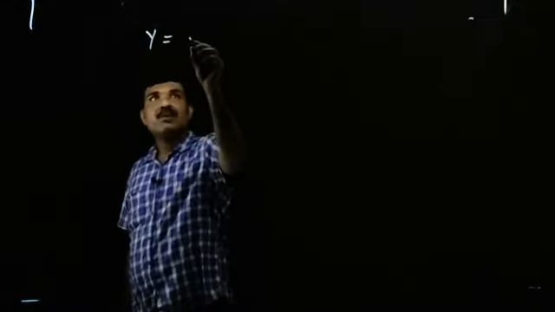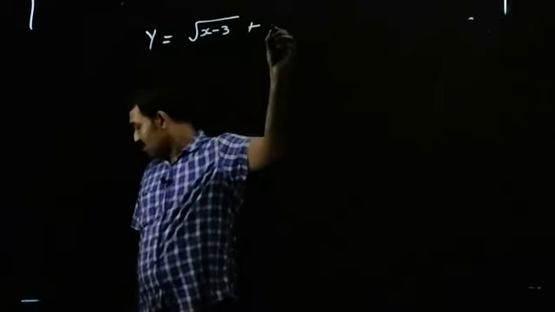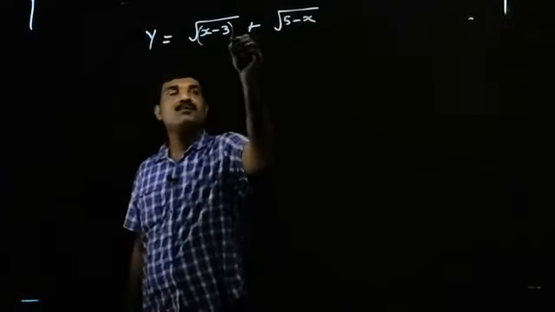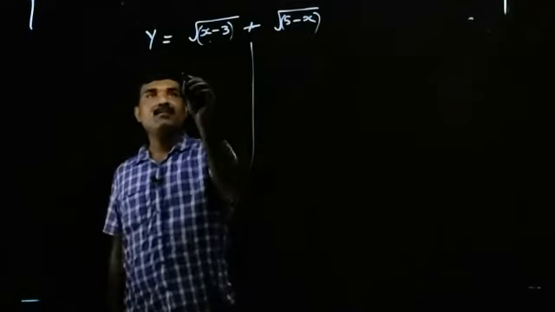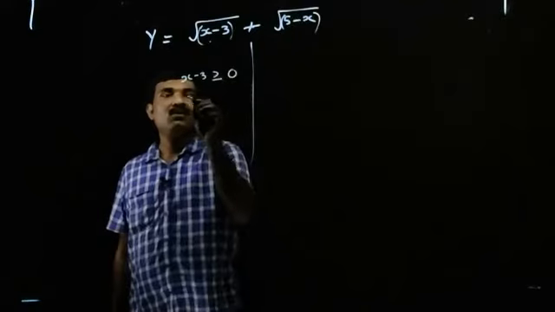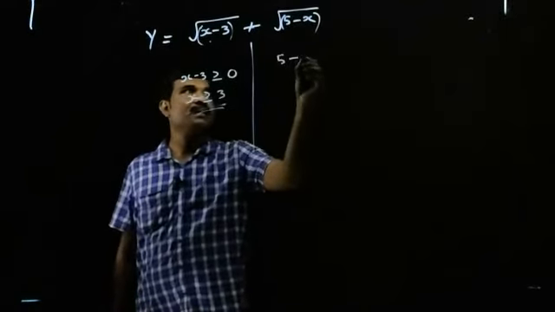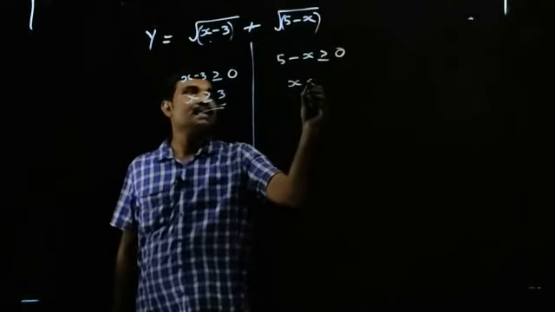The problem is y equal to square root of x minus 3 plus square root of 5 minus x. A simple problem similar to the previous case. So we can write the domain of this section is x minus 3 greater than or equal to 0, or x greater than or equal to 3. Here we can write 5 minus x greater than or equal to 0.